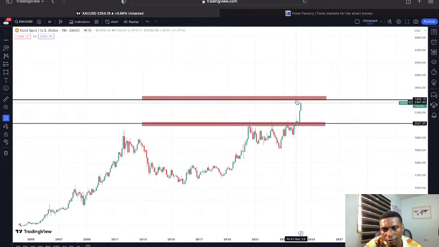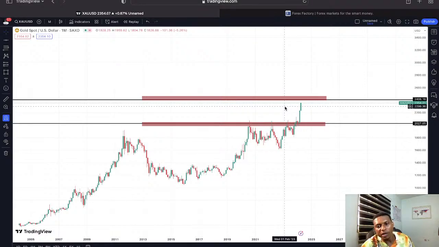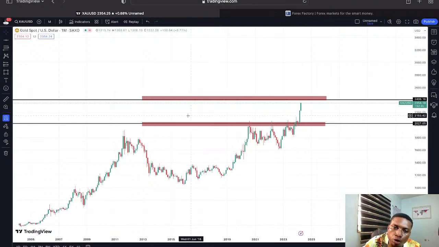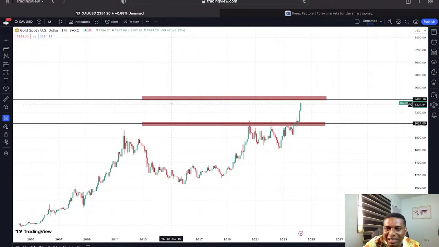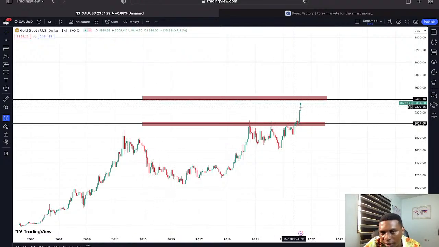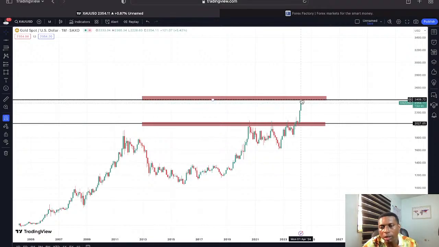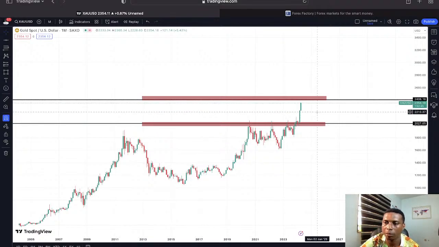Because when you see that on a higher time frame there is so much room to the left, I mean so much room in terms of no price footprint having ever gotten to where gold currently is, there's a higher chance that there would be a reversal.